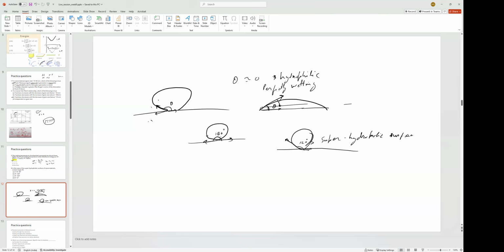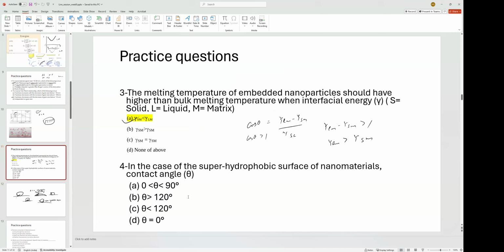If it's 90 degrees, the droplet would look something like this. Anything over 120, we classify as superhydrophobic. So theta is greater than 120 degrees.